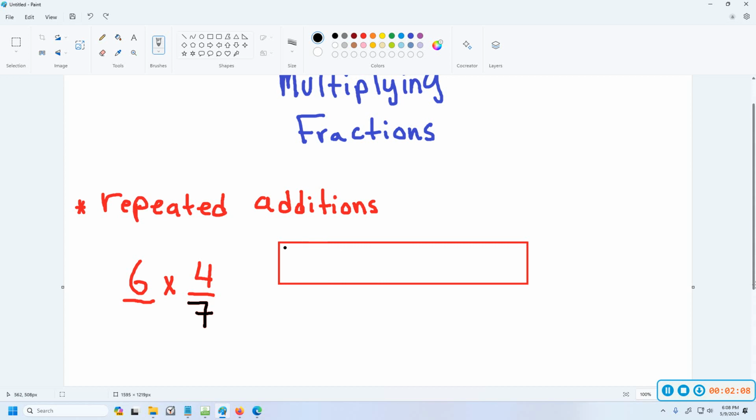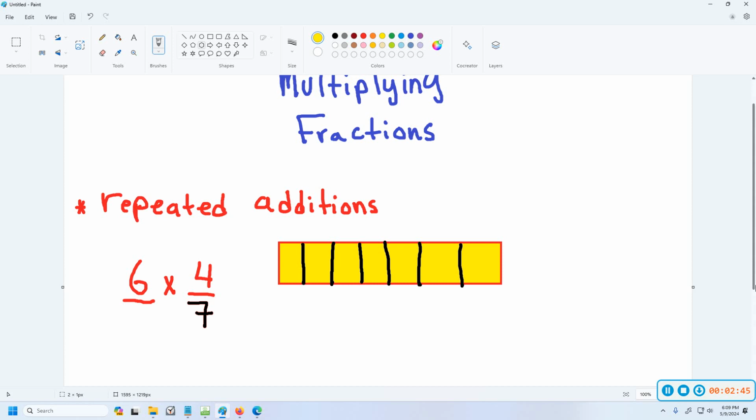My seventh one is not good. I'm going to cheat and make them equal. You can erase your drawing, but you want to make them equal, right? So right now we have 1, 2, 3, 4, 5, 6, 7. We have a whole that is partitioned into 7.